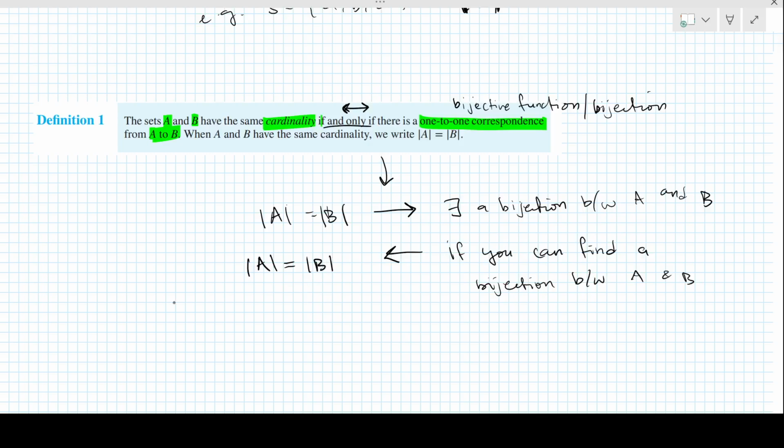The elements themselves can be different, of course, but the number of elements has to be the same. This is the first rule.